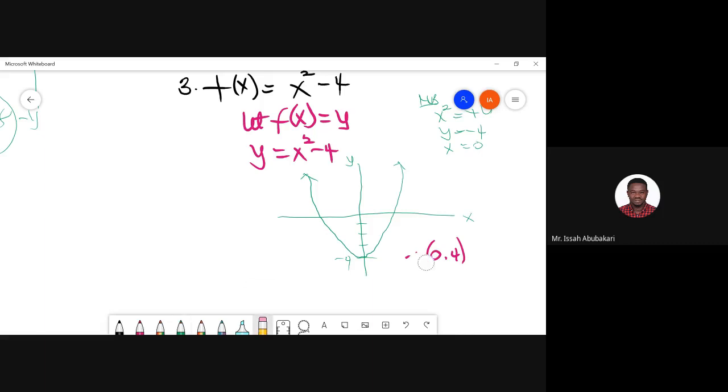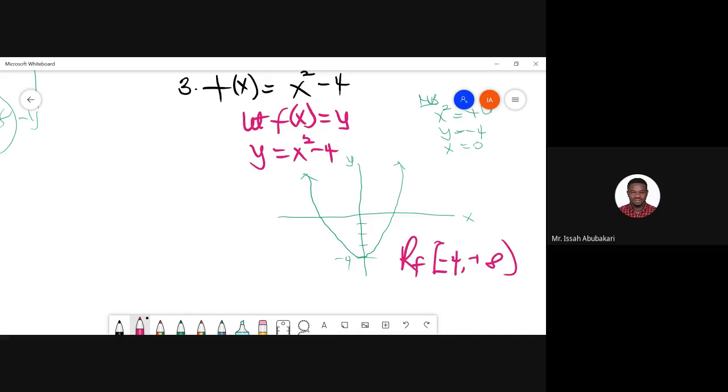So at the end, if you're asked to write the range of this function, because we know the minimum point is minus 4, and the y values go to positive infinity, we write it like this.